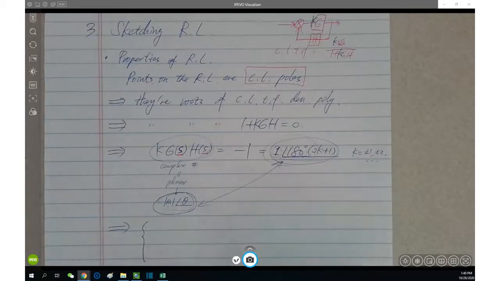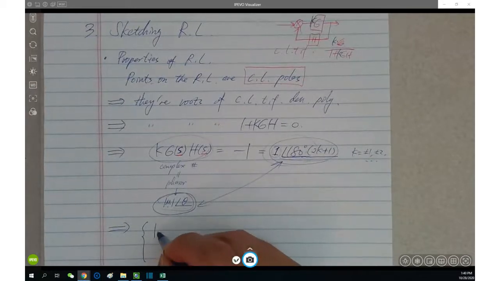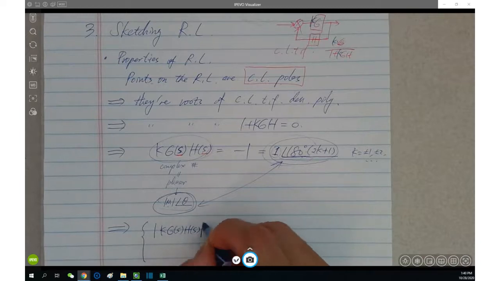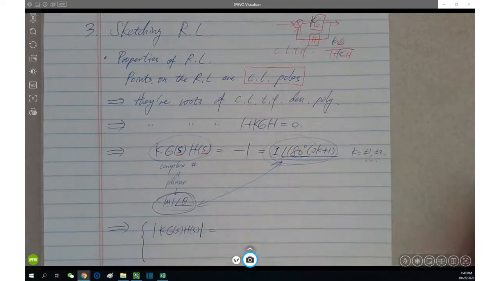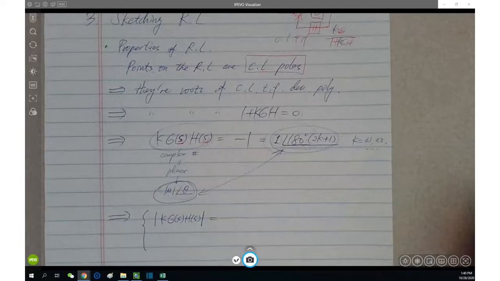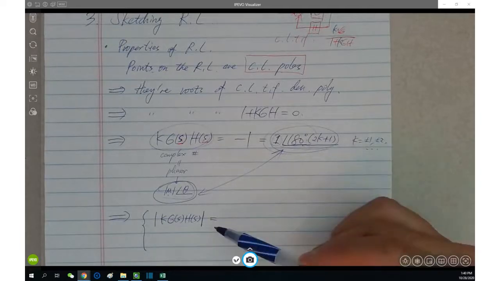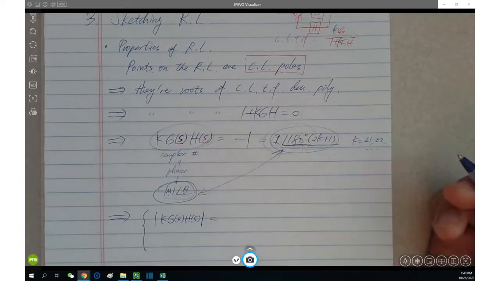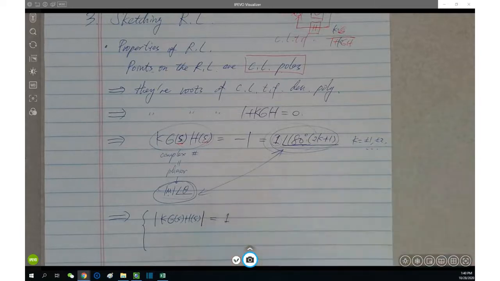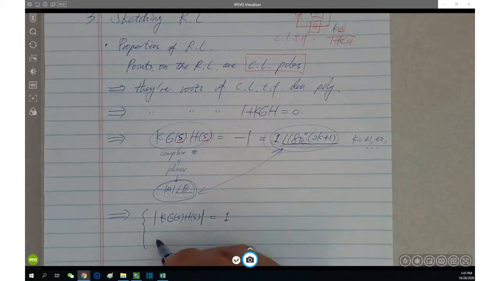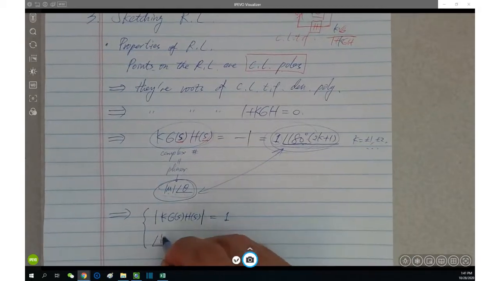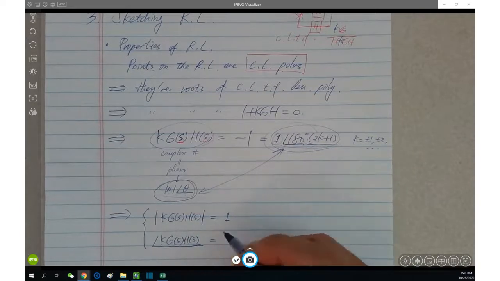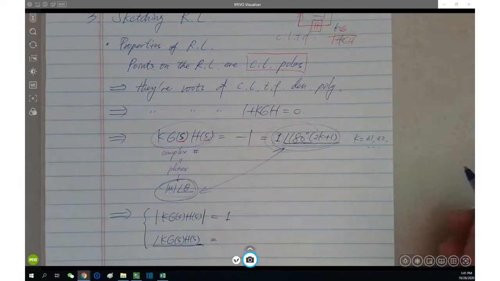In terms of magnitude, this guy equals what? 1. Here we go, 1. And in terms of angle, this guy equals what? Just the angle then.